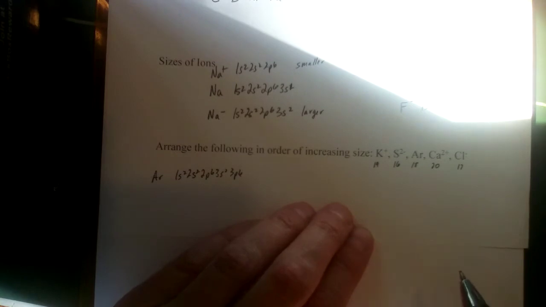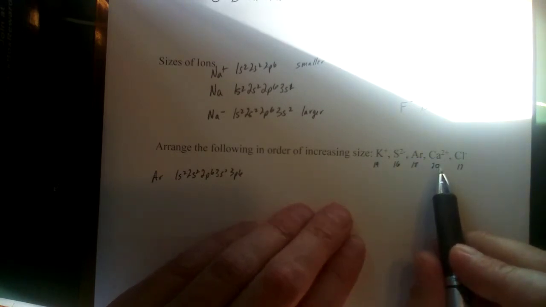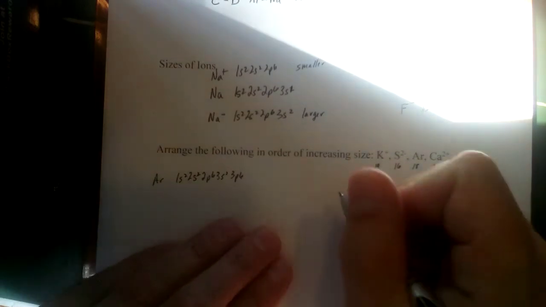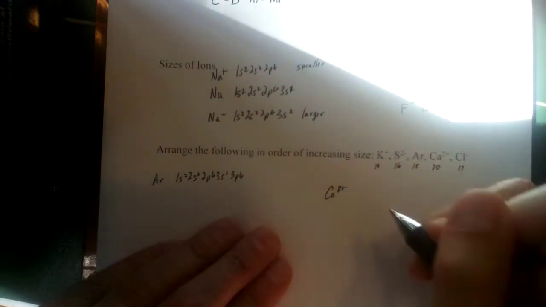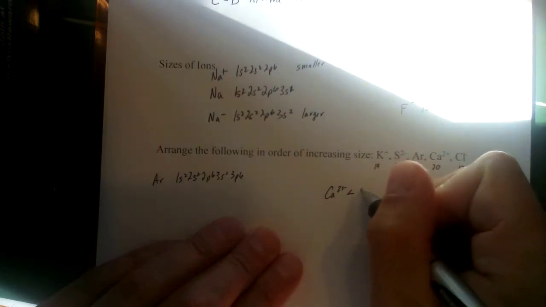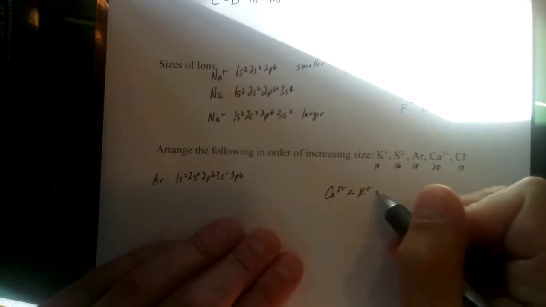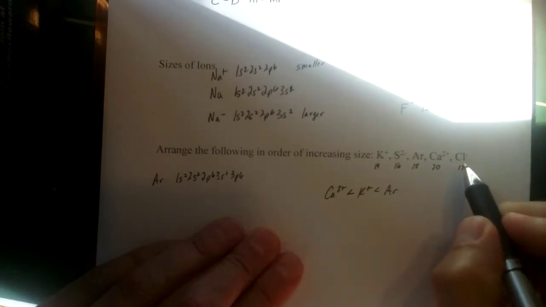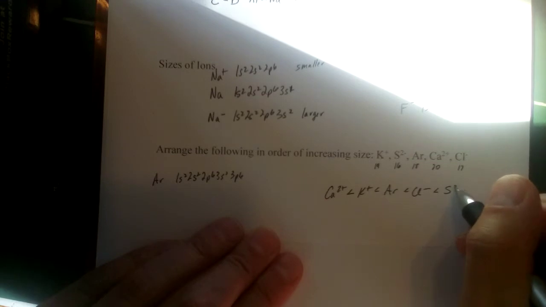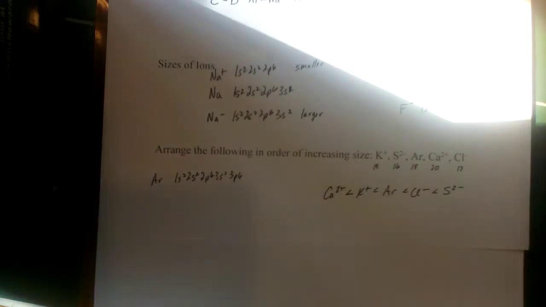So the biggest nuclear charge is for the calcium. That means the electron cloud of the calcium will be constricted the most. Calcium dication will be the smallest. Next would be potassium cation. Then argon would be in the middle. Then the chlorine anion, and then the sulfide anion would be the largest of these.